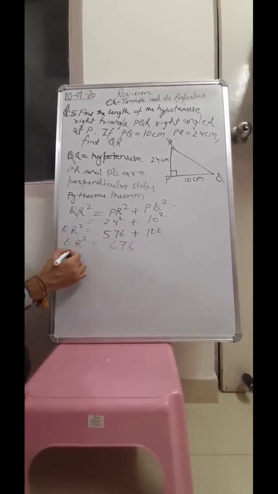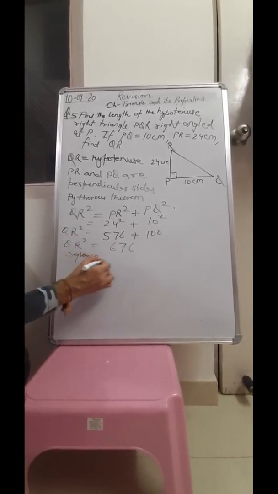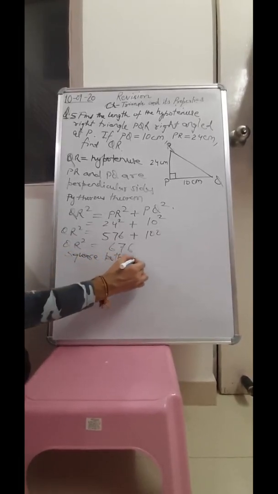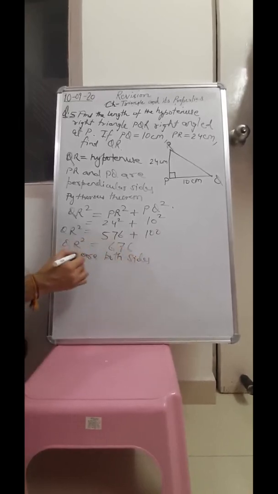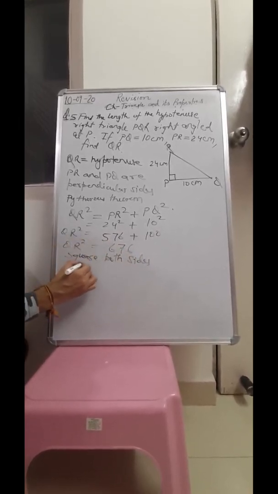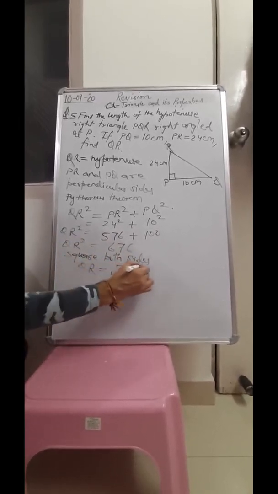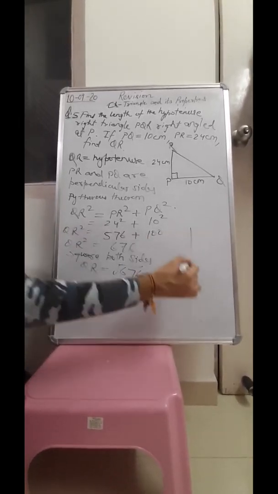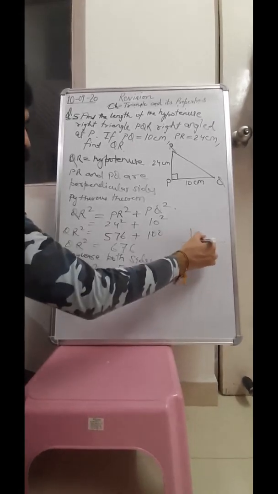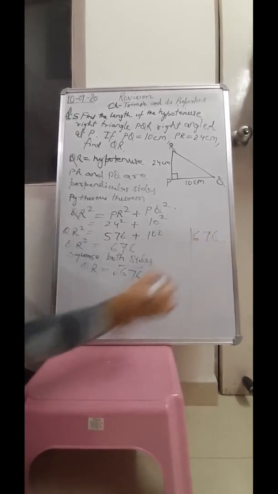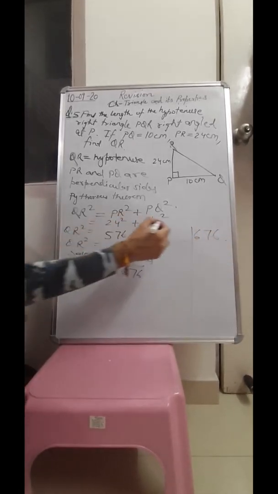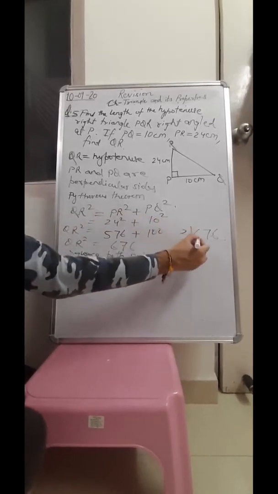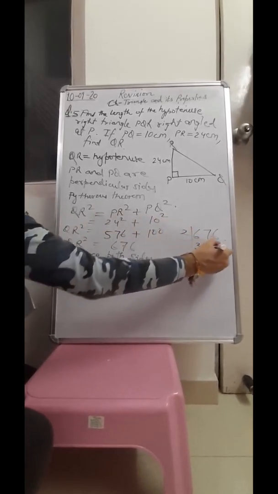So here now you have to find QR. It is squared, so take the root of both sides. The square will get removed, so QR equals under root 676. So by the prime factorization method, we have to find 676. It will come in the table of 2, 2 threes are 6, 2 eights are 16.